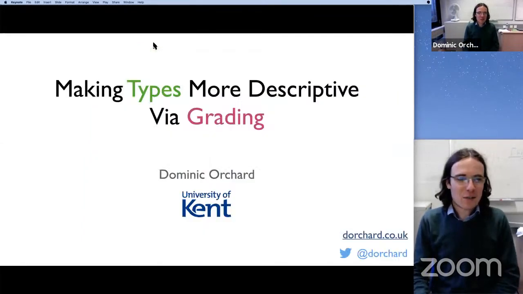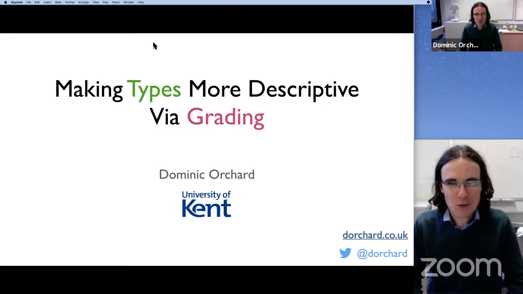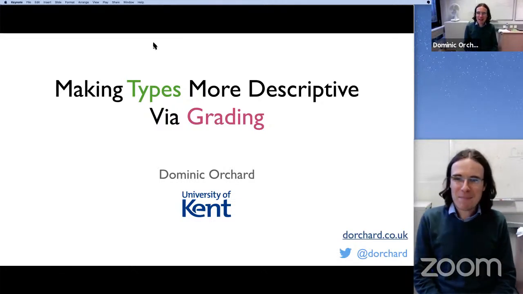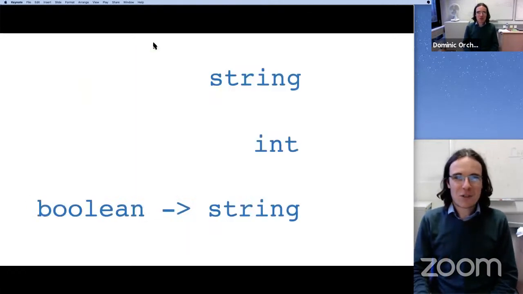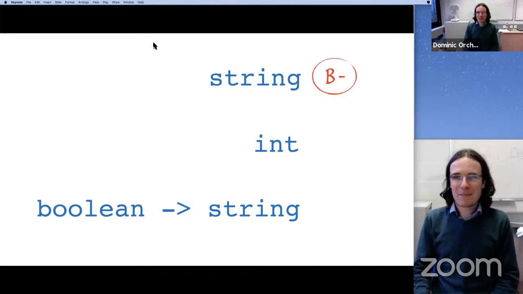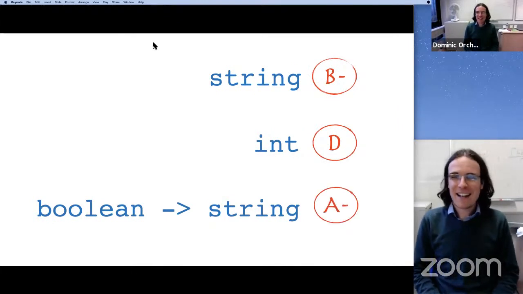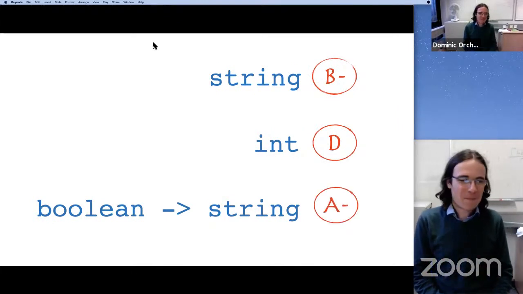Now, the title of this talk, Making Types More Descriptive via Grading, might be quite enigmatic at first, especially to the US audience. Students might be imagining that there's some sort of types and we give them some grade like B minus, D, A minus, or something like this. And it's not like that. When we're talking about grades, it's about gradation.